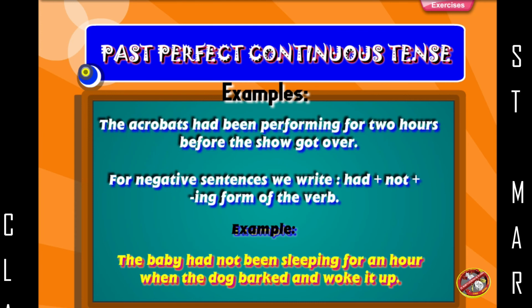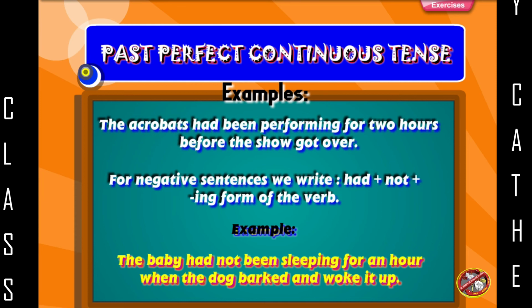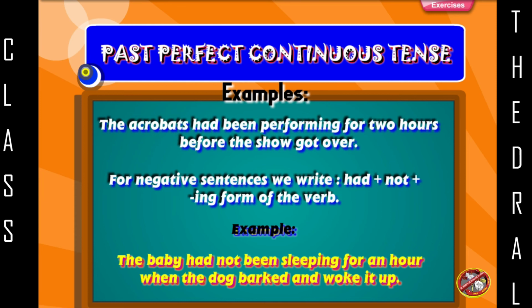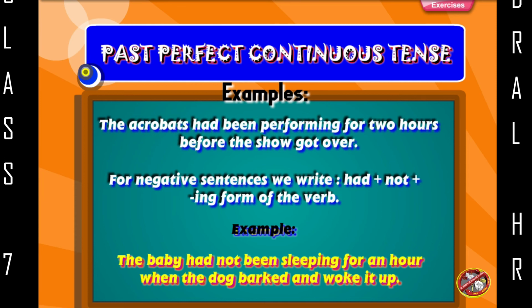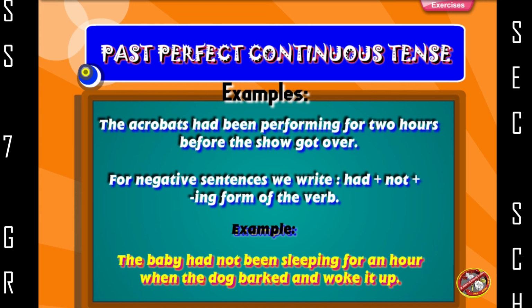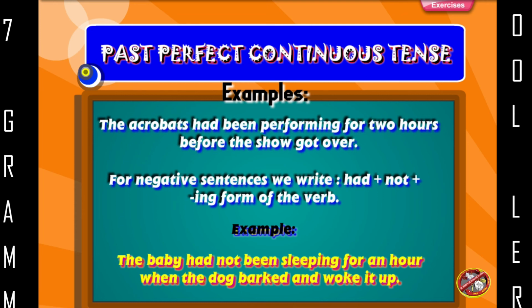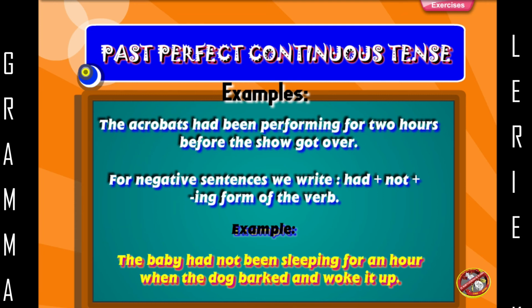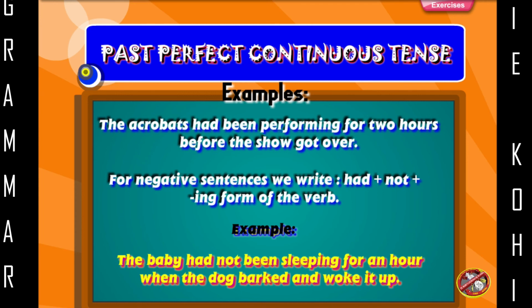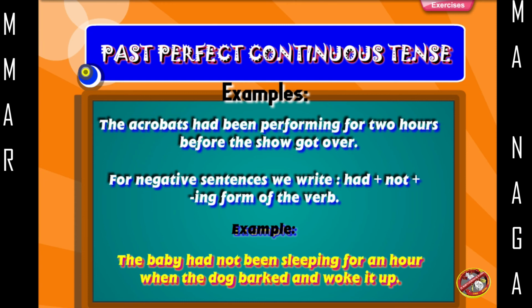Example: the acrobats had been performing for 2 hours before the show got over. For negative sentences, we write had plus not plus been plus ing form of the verb. Example: the baby had not been sleeping for an hour when the dog barked and woke it up.